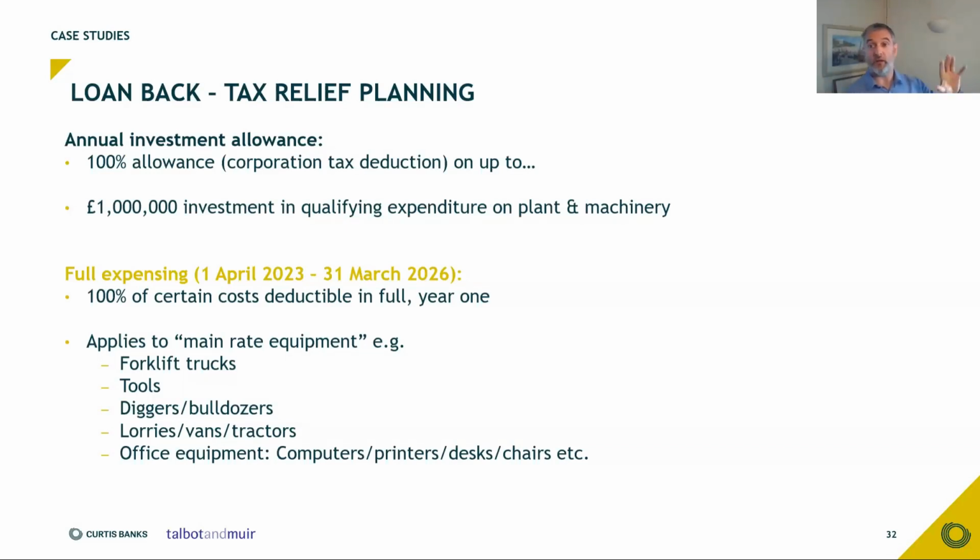So as I say, option one, £100,000 expense on plant and machinery, at 25% corporation tax relief, £25,000 tax saved, £100,000 contribution into the pension, £25,000 tax saved, total expense £200,000, total corporation tax saving £50,000.